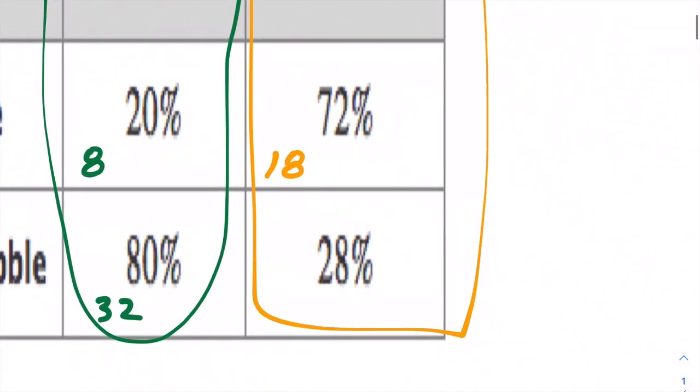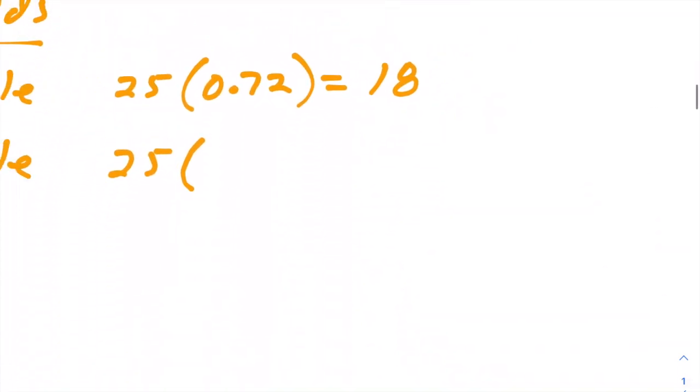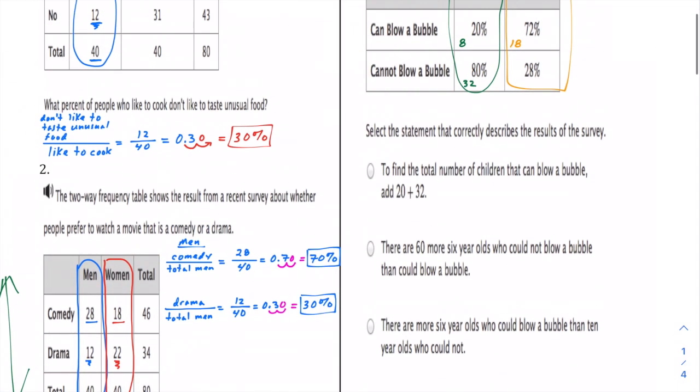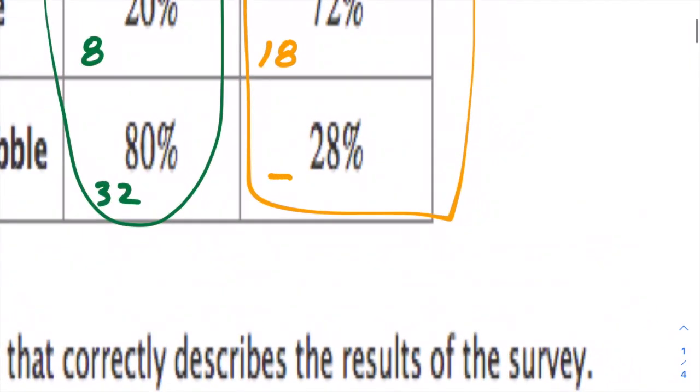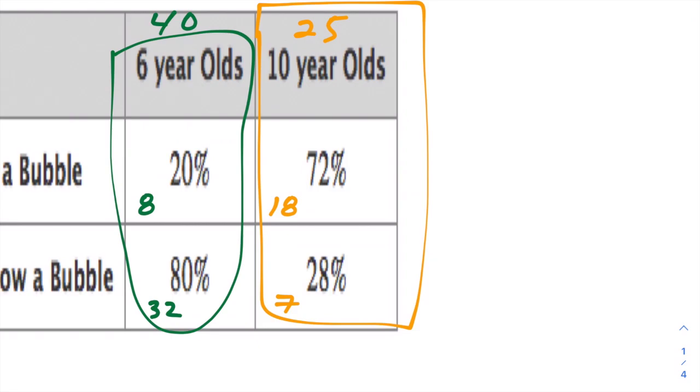This time, what's the percent? 28%. So 28%, or 0.28. Calculator, 25 times 0.28, and I end up with 7 kids, or 7 of the 10-year-olds that can't blow a bubble. So I'm going to put that up there.